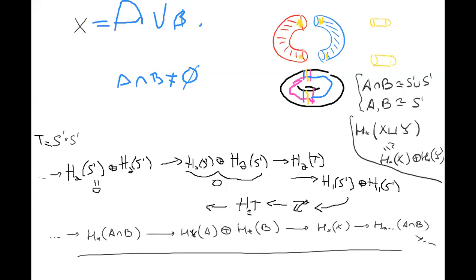And then we have H0 of the intersection. The intersection has two path components, so it's also Z squared. And then this piece, when star equals 1, is also Z squared, because each of them individually is path connected, so they're both Z's.